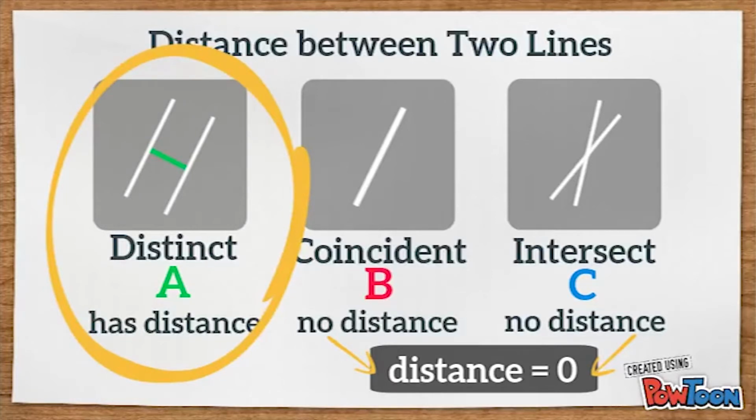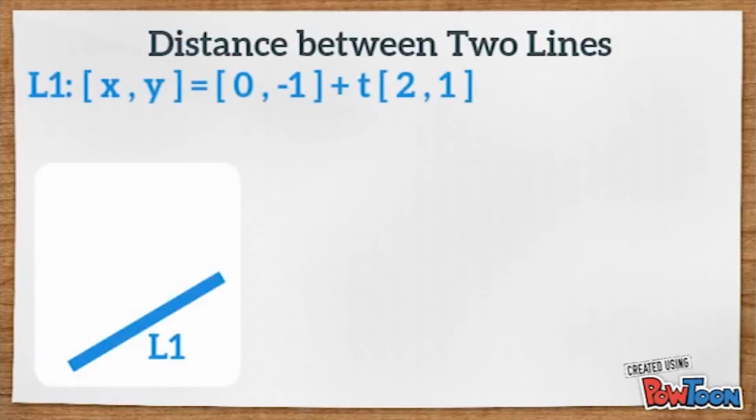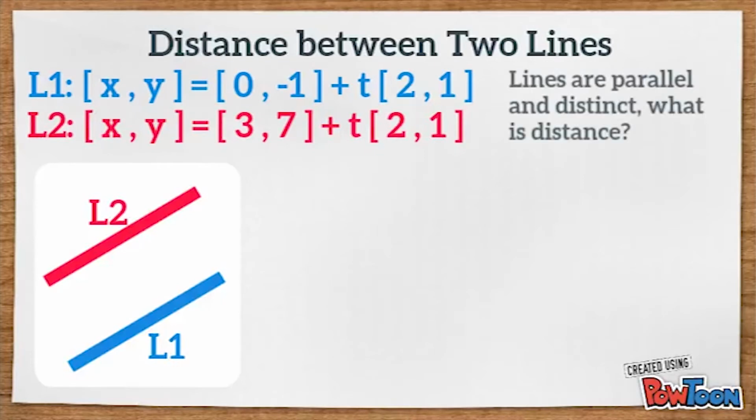Let's take a look at an example of the distance between two such lines. Let line L1 be (x, y) equals (0, -1) plus t(2, 1) and line L2 be (x, y) equals (3, 7) plus t(2, 1). Given that the two lines are parallel and distinct, what is the distance between them? Well, to do this, we simply repeat what we did in the previous section.